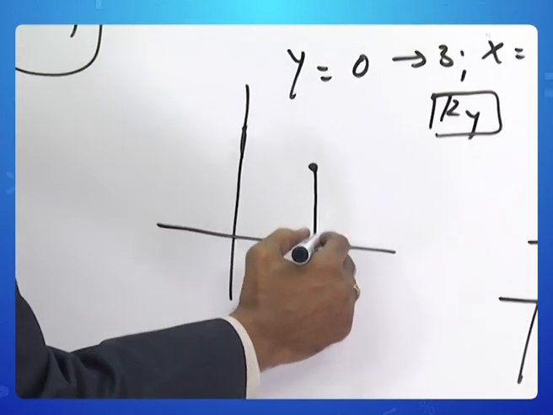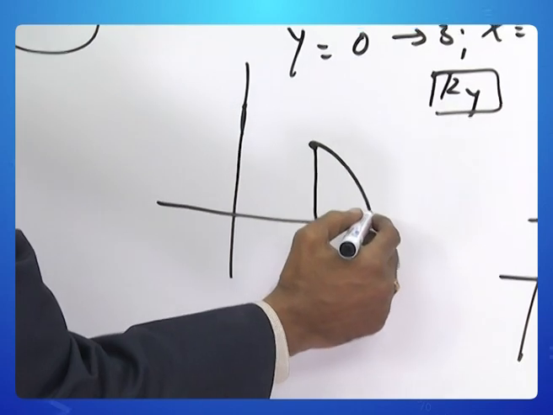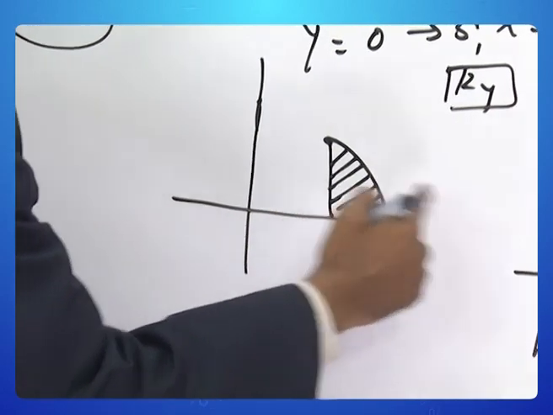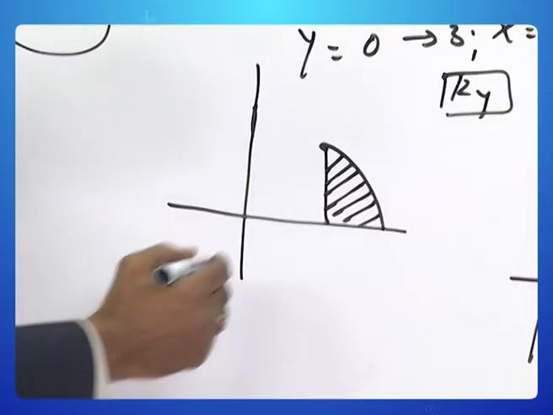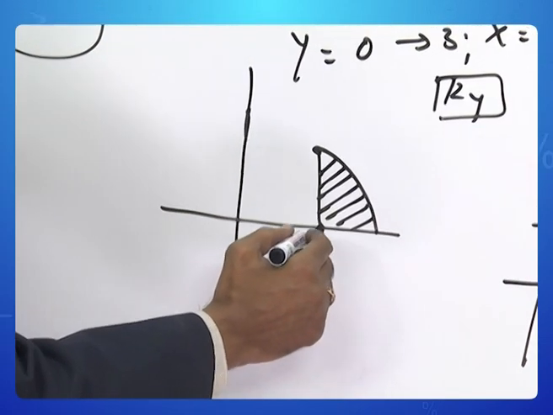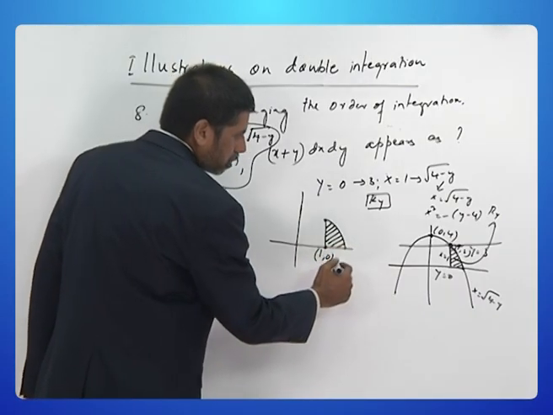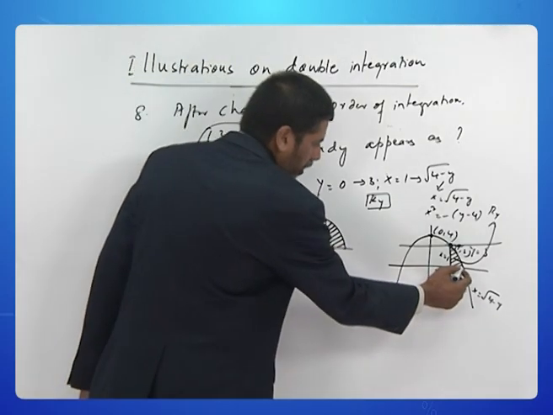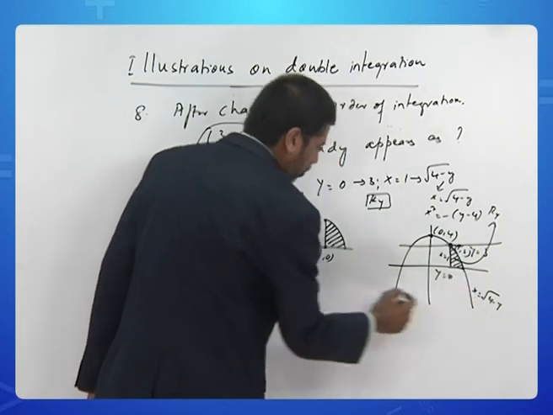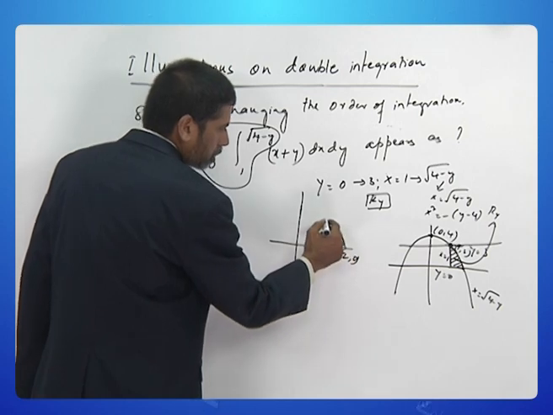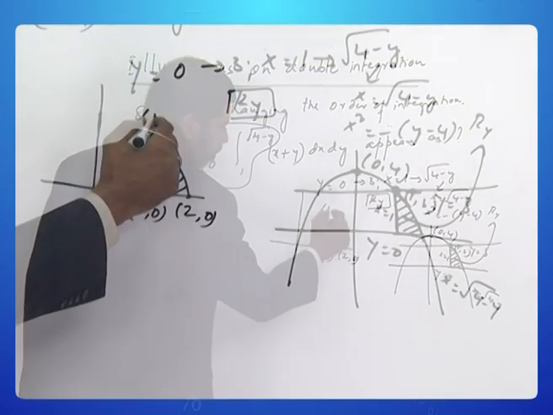So, just go to the region. So, this region is just that itself, but let us write the details. This is 1, 0. This is, when y is equal to 0, you will get x is equal to 2, 0, and this point is already identified as 1, 3.